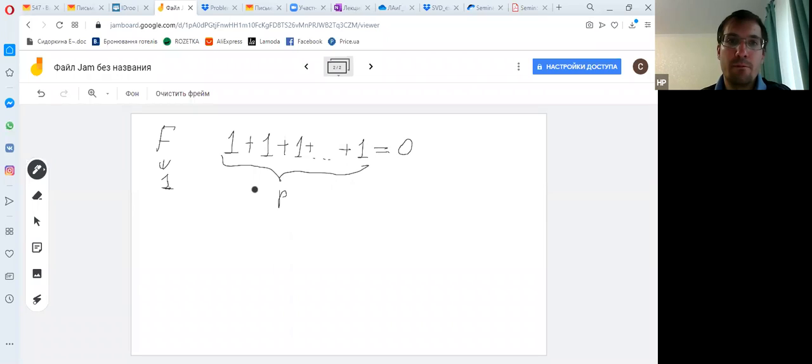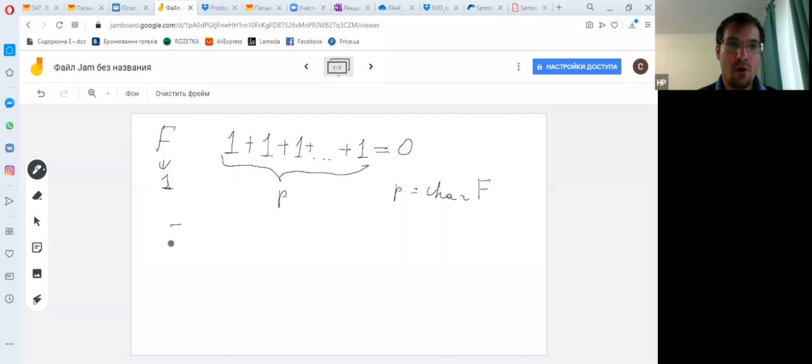If I add p elements and p is the minimal number such that I obtain 0 by adding 1 p times, then p is the characteristic of F, and it is denoted by char F. For some fields you can't obtain 0 by adding ones. Then the characteristic of F is called 0.